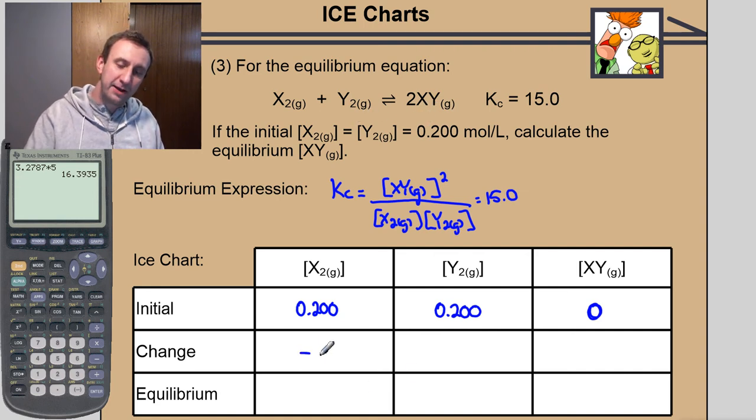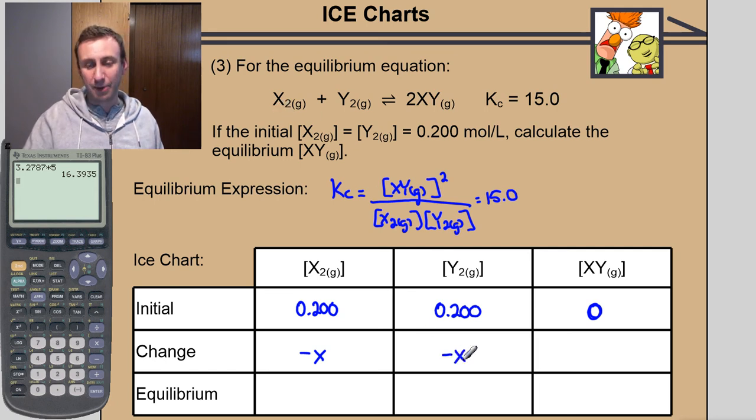So I'm going to have this go down by x for X2. Given my coefficients, if X2 goes down by some amount x, Y2 goes down by the exact same amount because it has the same coefficients. Now, how much does XY go up by, given the coefficients? Well, it goes up by 2x.